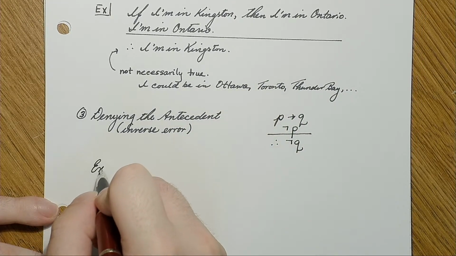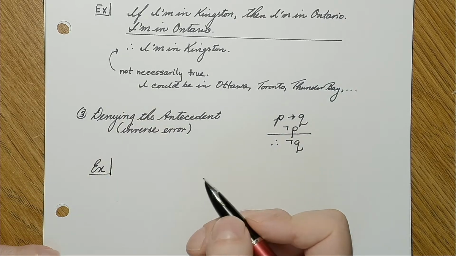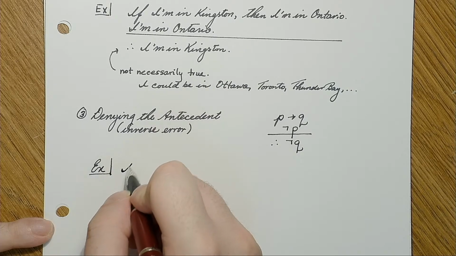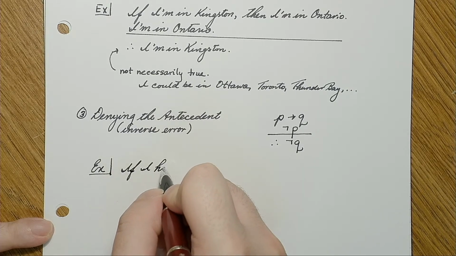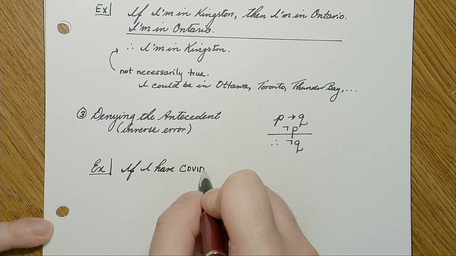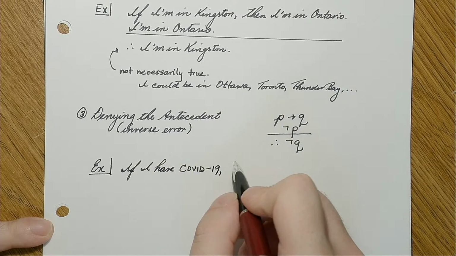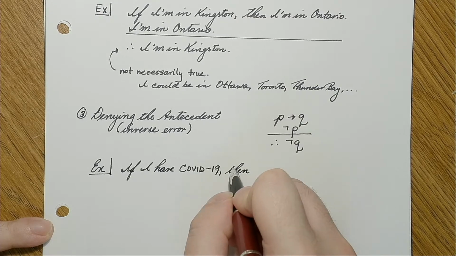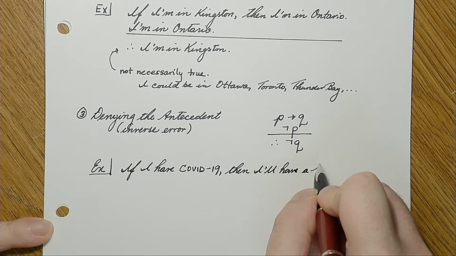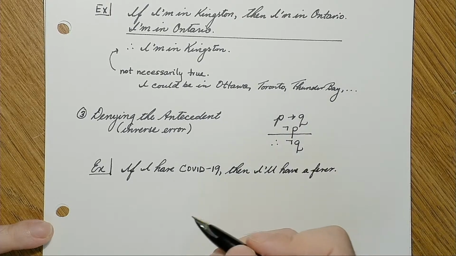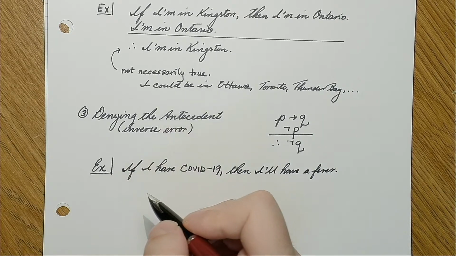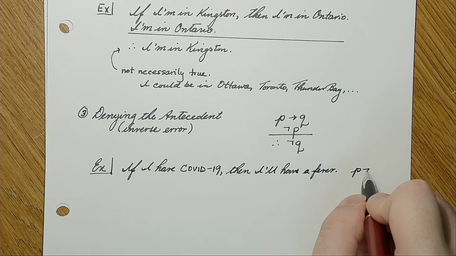Here's our example. Let's do the COVID one. Let's use that same implication. If I have COVID, then I'll have a fever. That's the implication that we're given.